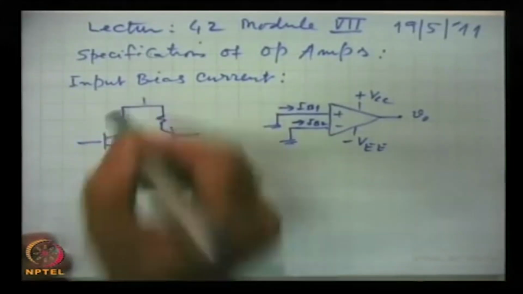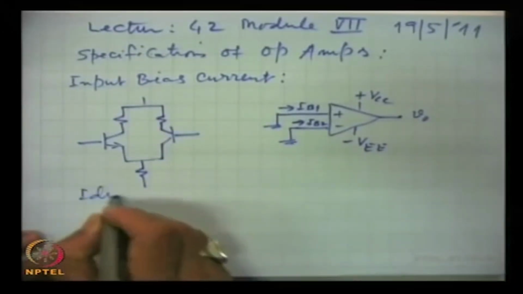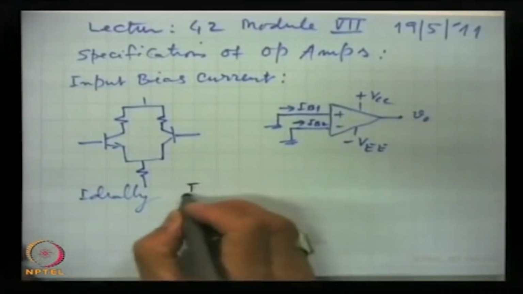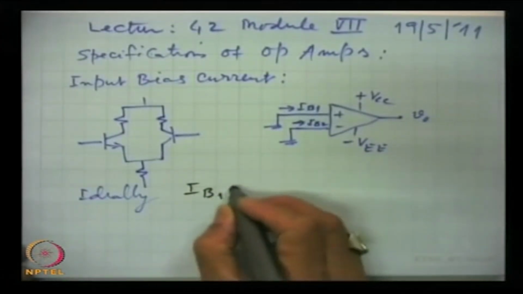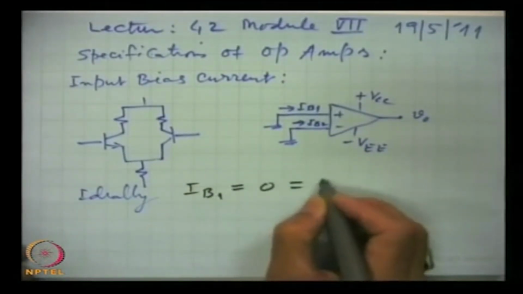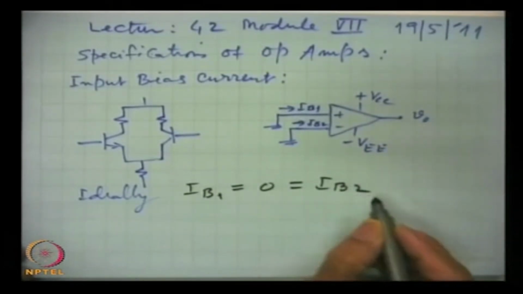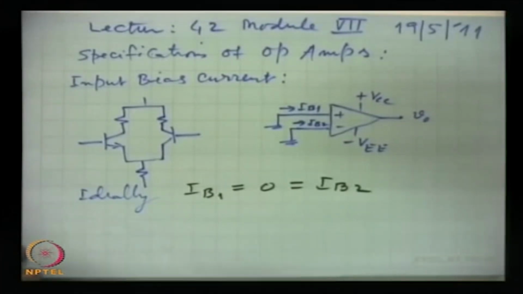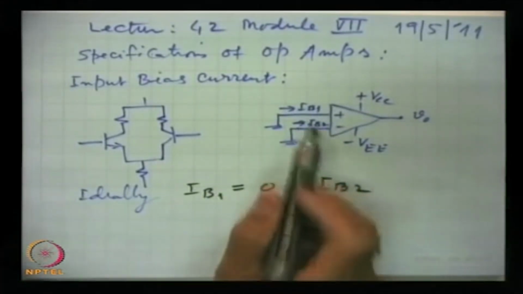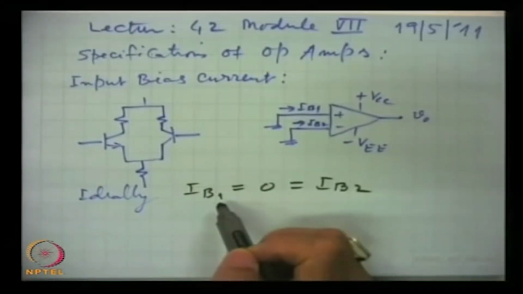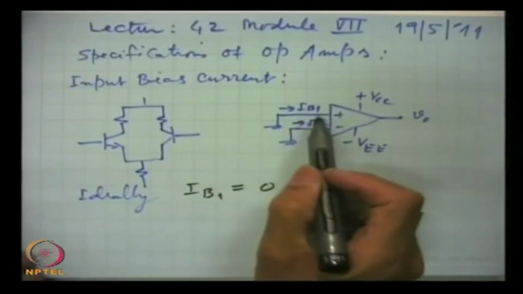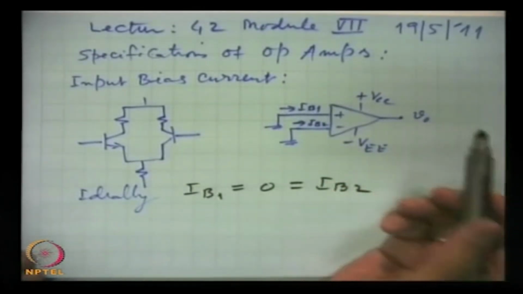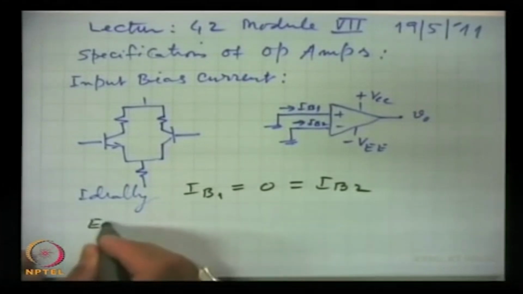Now, ideally IB1 and also IB2 both are supposed to be 0, but normally some small currents flow. These currents do exist and IB1 and IB2 are not 0. Then these currents are amplified and they produce an output voltage, which is an error voltage.